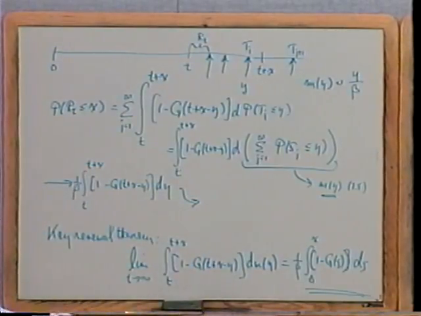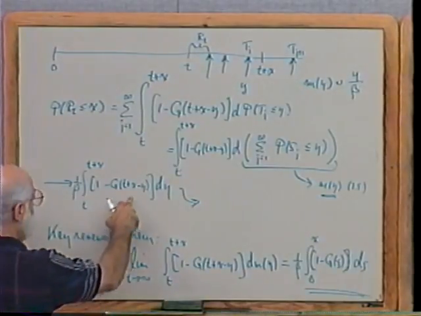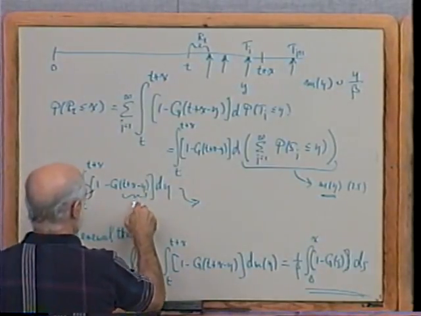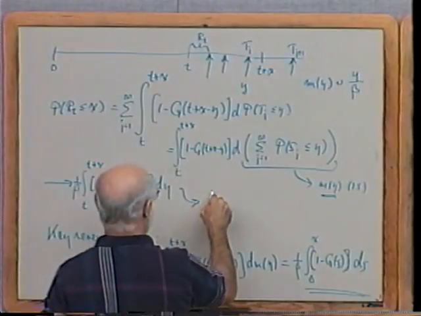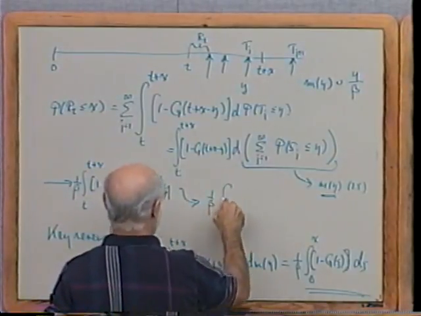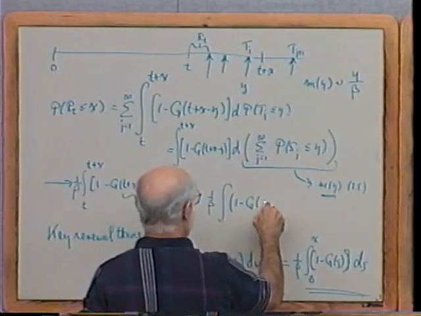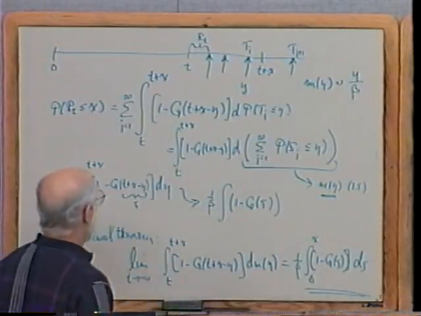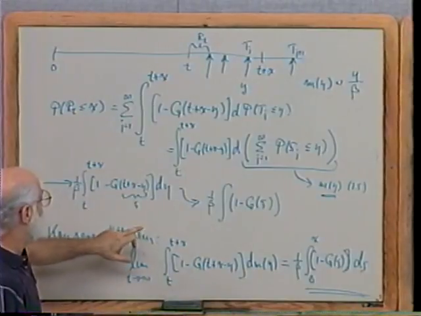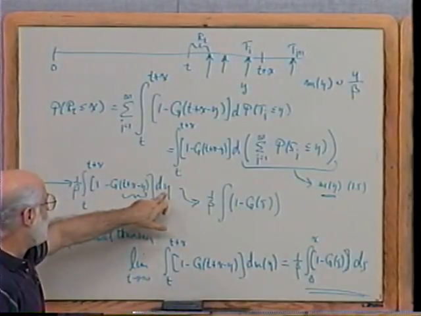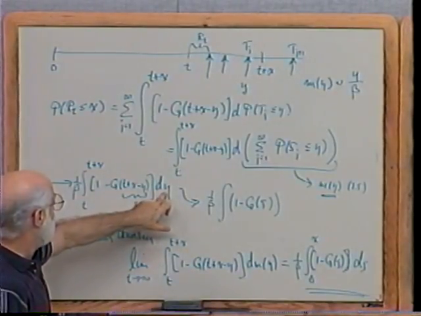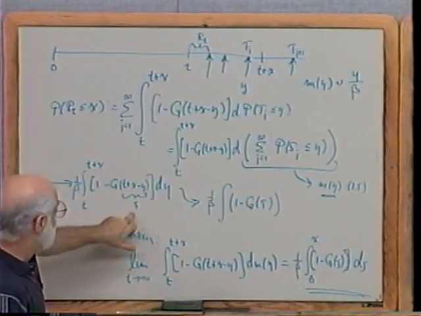Okay, so now I will make the substitution t plus x minus y equals c. So this is going to give me 1 over beta integral of 1 minus g of c. Now if t plus x minus y equals c, then when I calculate dy, I'm going to get dy is equal to minus dc.